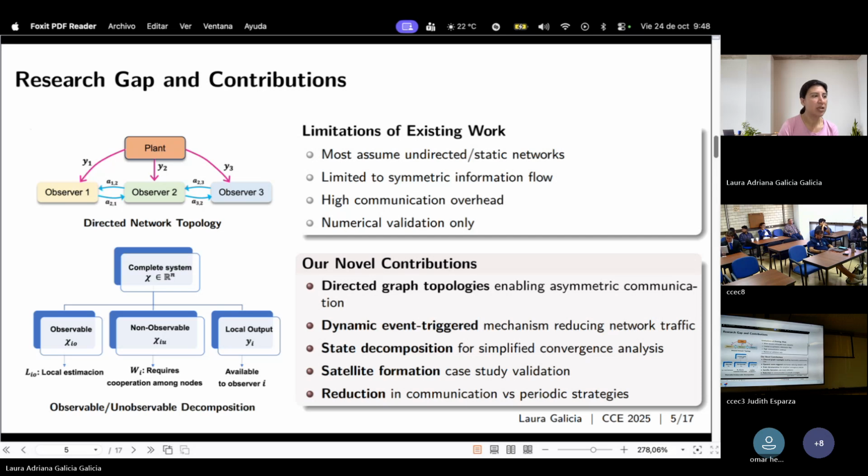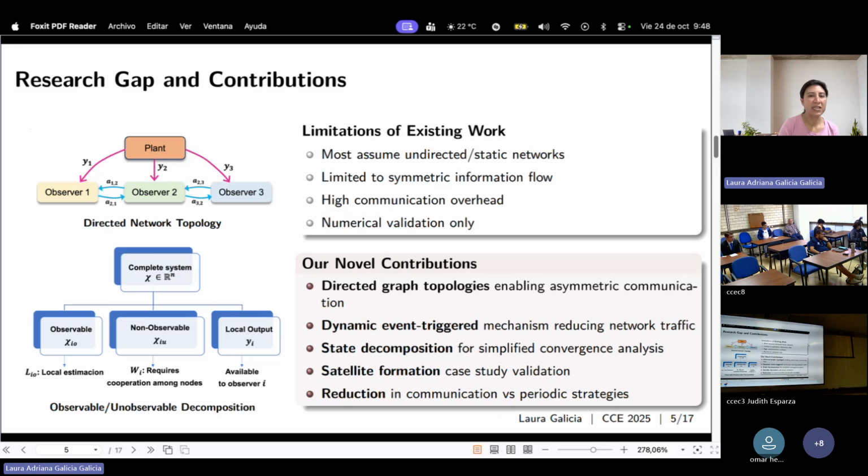Our key innovation is a dynamic event trigger mechanism that reduces network traffic by transmitting data only when local estimation errors exceed an adaptive threshold.